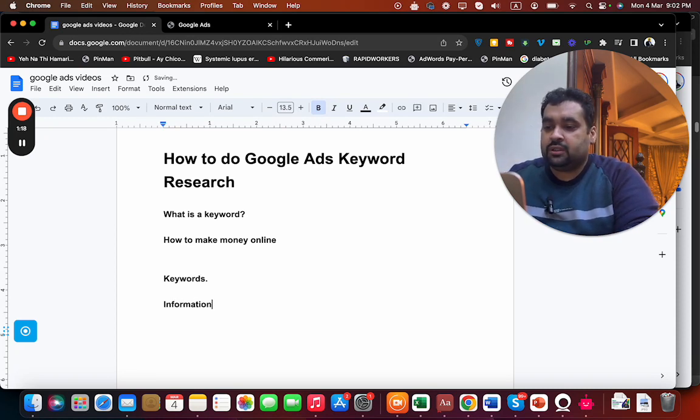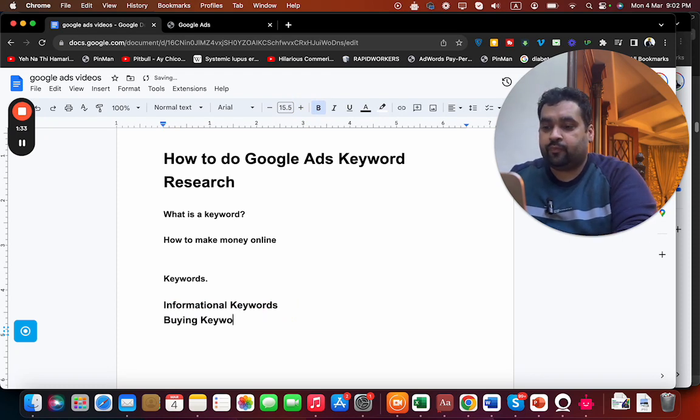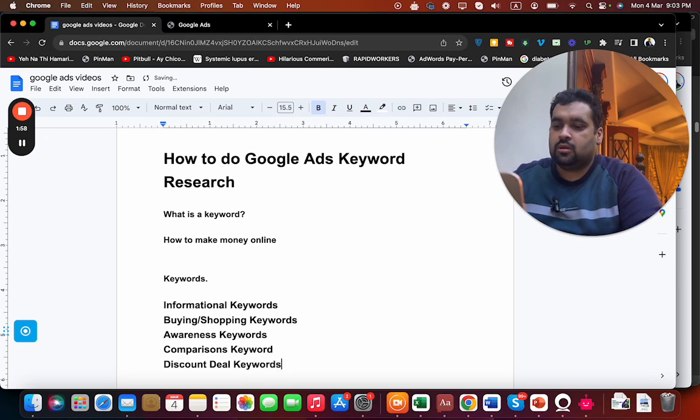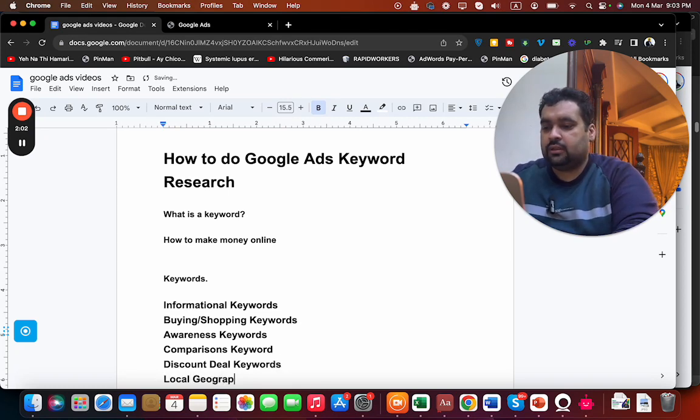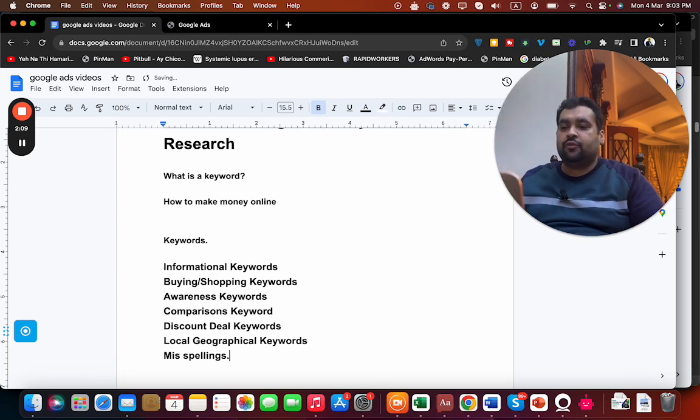There can be informational keywords, buying keywords, awareness keywords, comparison keywords, buying or shopping keywords, discount or deal keywords, local or geographical keywords, and misspellings. I believe these are a few of the common categories for keywords.